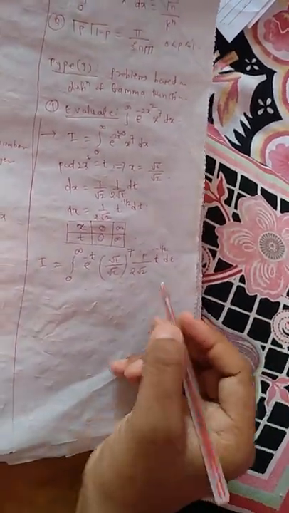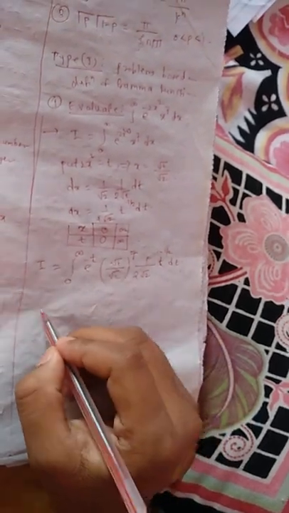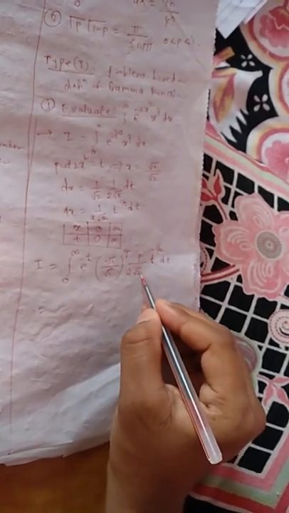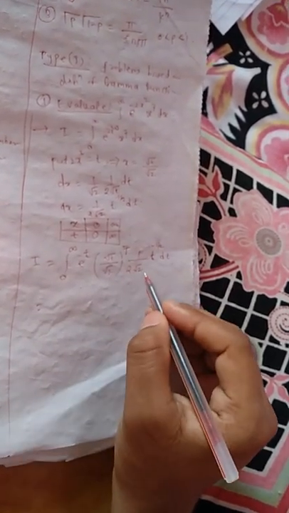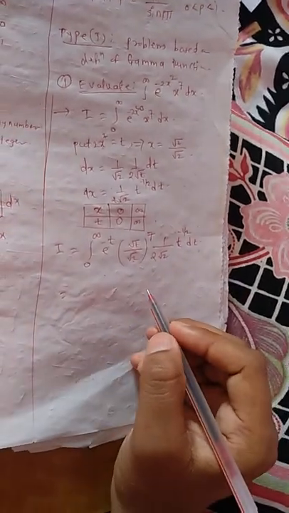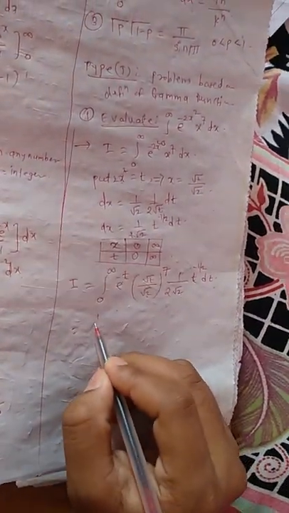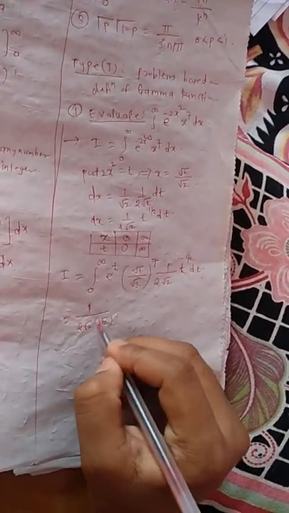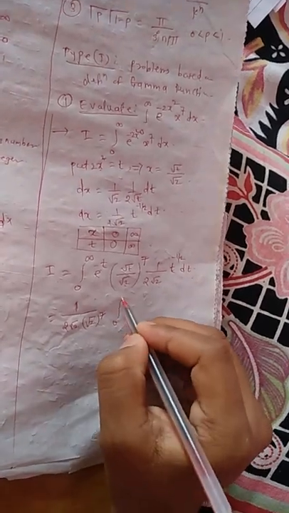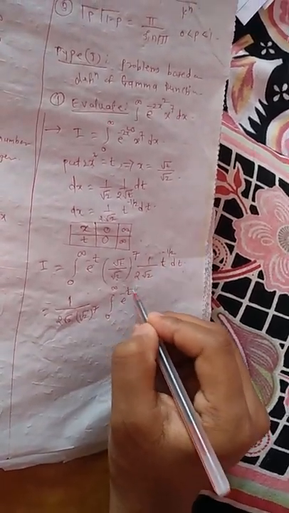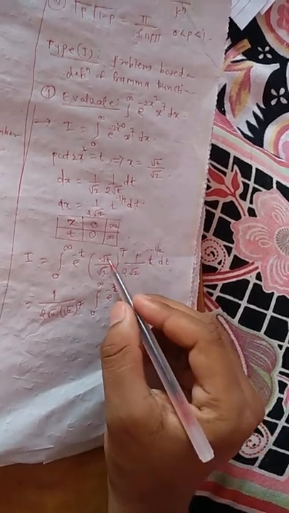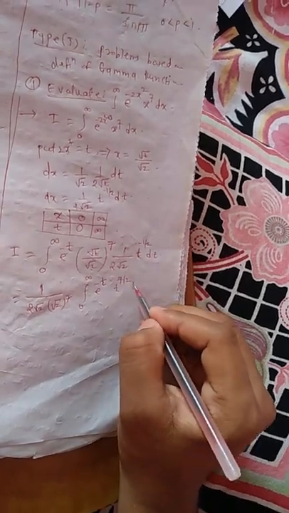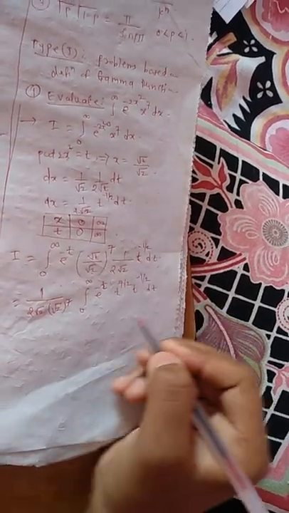Now simplifying this whole term, constant quantities we are taking outside, so it becomes 1 upon 2 root 2 to the power 7 integration 0 to infinity e raised to minus t. This root t to the power 7 becomes t raised to 7 by 2, and this t raised to minus 1 by 2 dt.